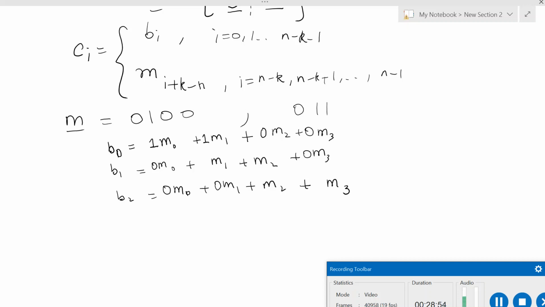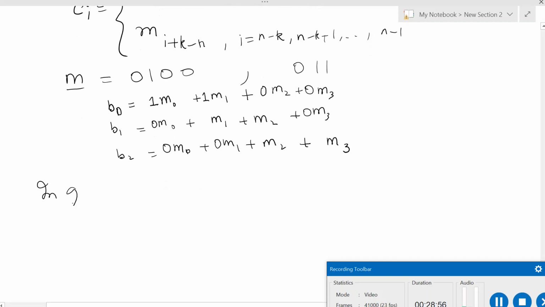Okay, so in general, the ith parity bit will be generated from combinations of different message bits. So M0, M1, M2 up to Mk minus 1.